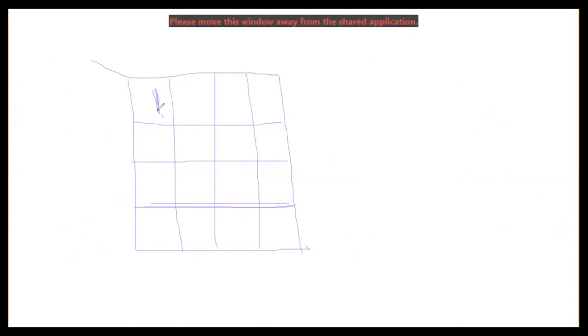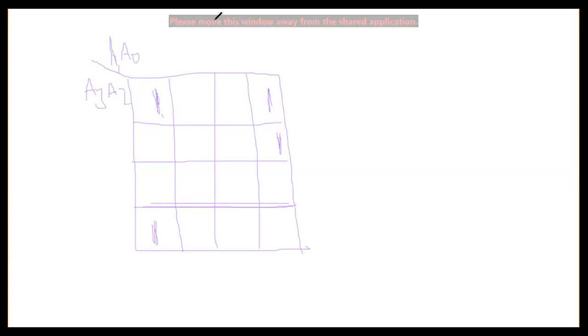Zero here, 0, 2, 4, 5, 6 and 8. These are the values actually. A1, A0, and A3, A2. Follow my students.